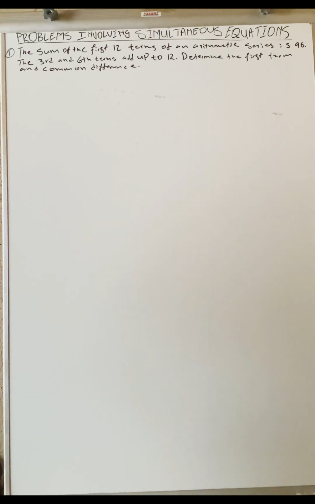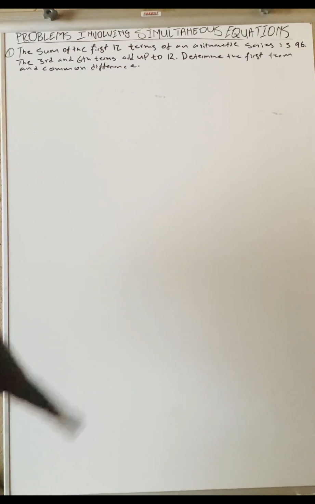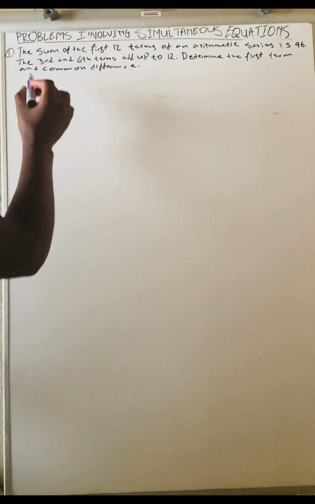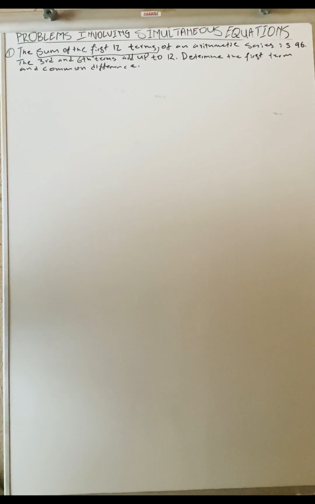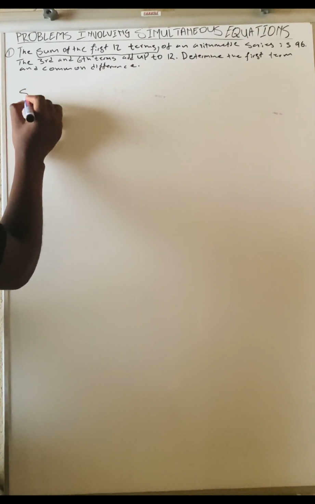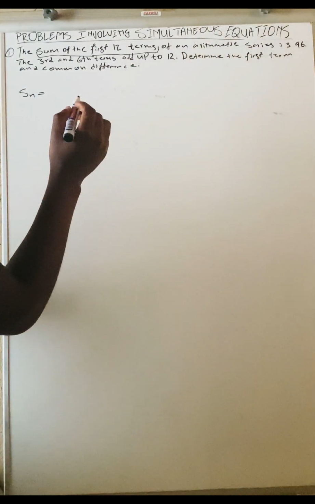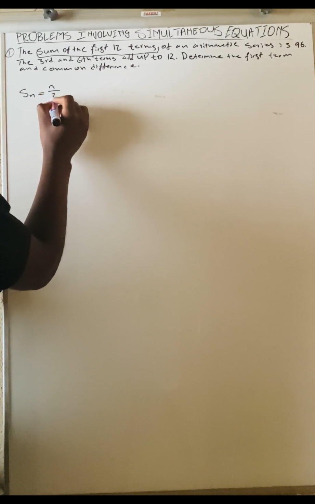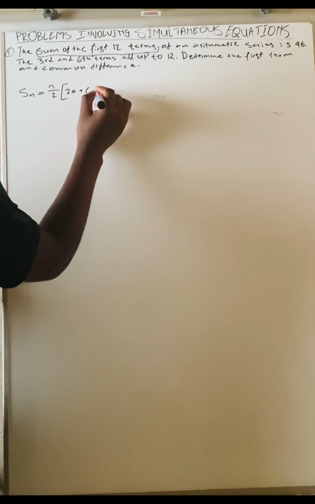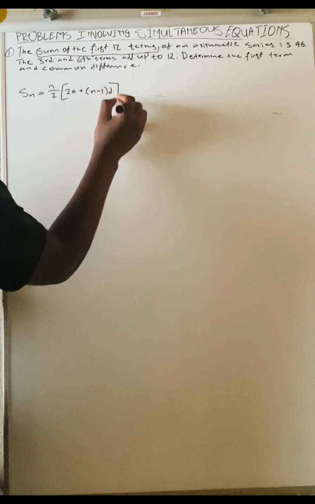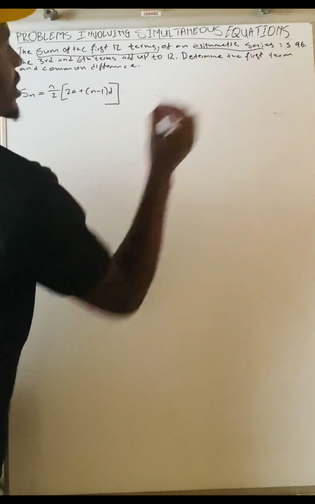Right, guys. Here is another question. Say the sum of the first 12 terms of an arithmetic series is 96. Be careful. They say sum of the first 12 terms. When you hear the word sum, you have to think about this formula: Sn is equal to n over 2 in brackets, 2a plus (n minus 1) close the brackets d, because it's an arithmetic series.